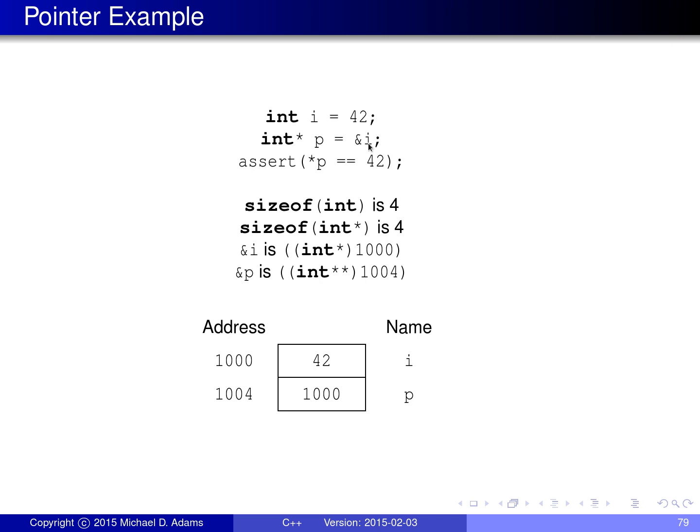The address of i is the address in memory where i is stored. If we look at our memory layout below, you can see that the variable i is stored starting at memory location 1000. So the value we get when we take the address of i is going to be 1000, because 1000 is where i is stored. So the value 1000 will be assigned to the pointer p.